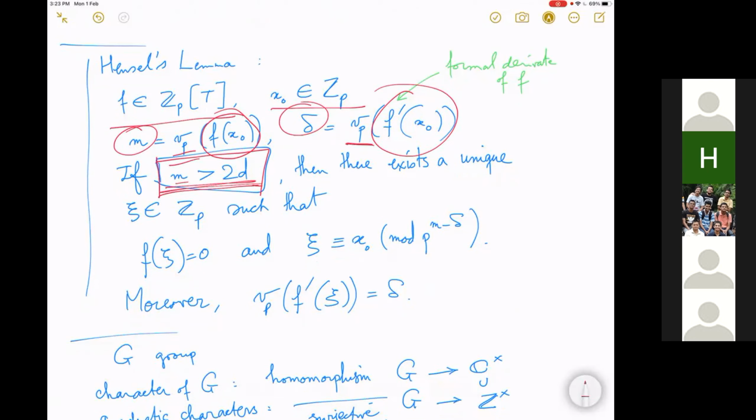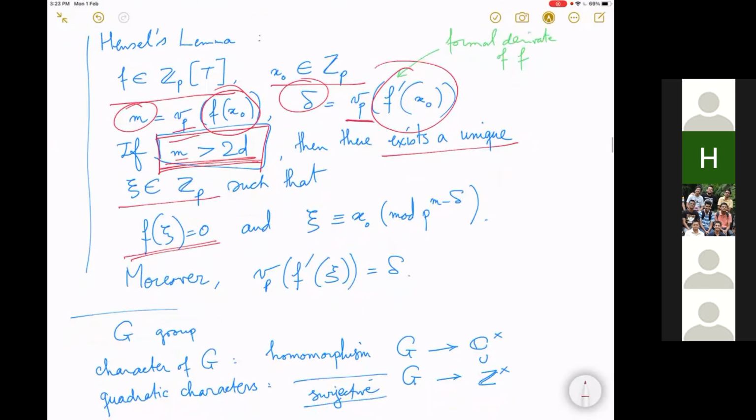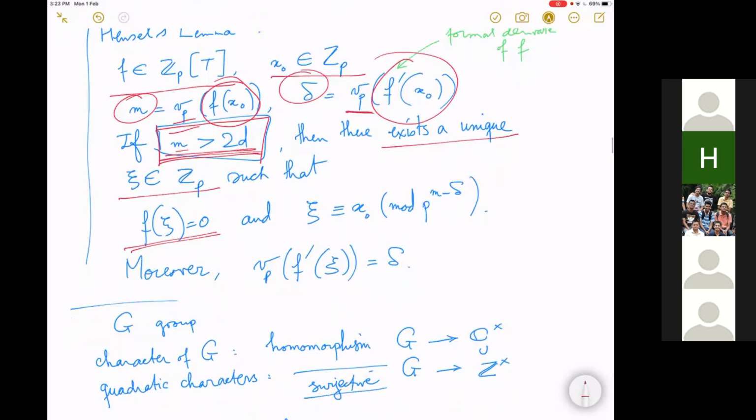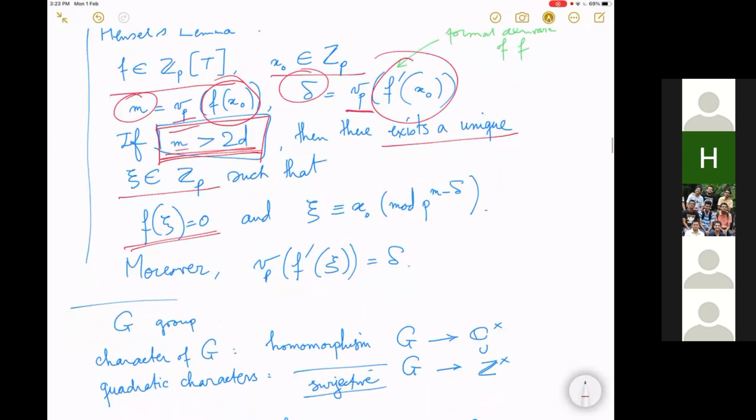If this happens, then there exists a unique psi in Z_p, which is a root of this polynomial, and that doesn't make it unique because you can have many roots of the same polynomial in Z_p, right?